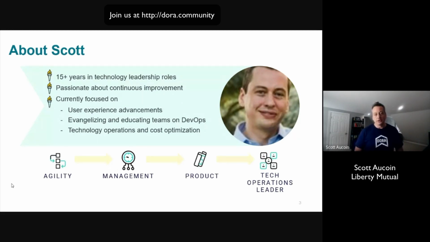So been excited about the work that the DORA team has done for years now, learning a lot from the annual State of DevOps reports. Saw Amanda had Accelerate there, learning from that book as well, and so many other things that are out there in the broader DevOps community. Trying to apply as much of it as possible within Liberty Mutual and learn as we go, which I'll talk a little bit more about in a few minutes.